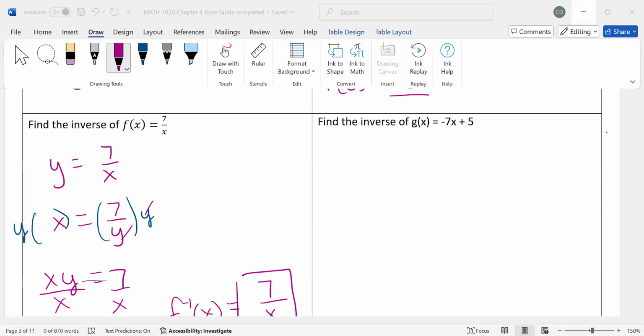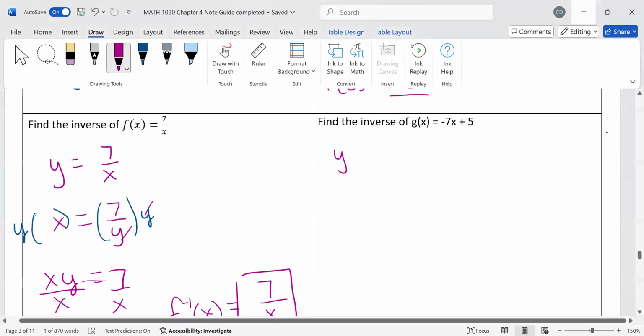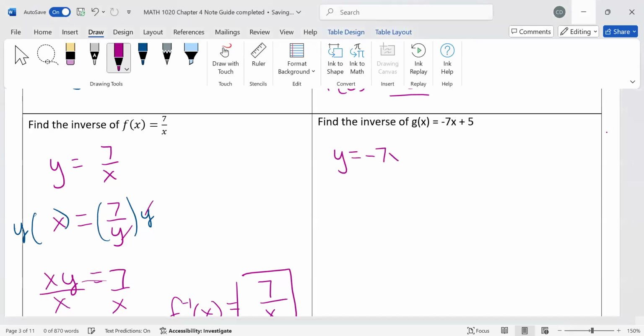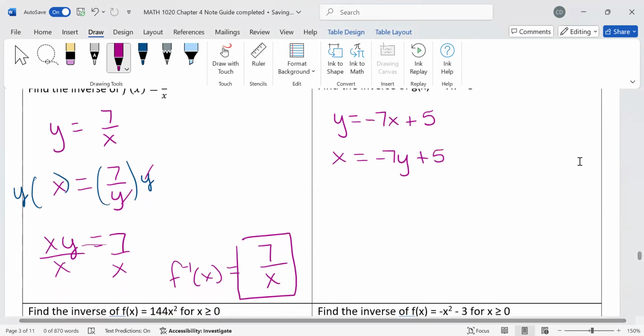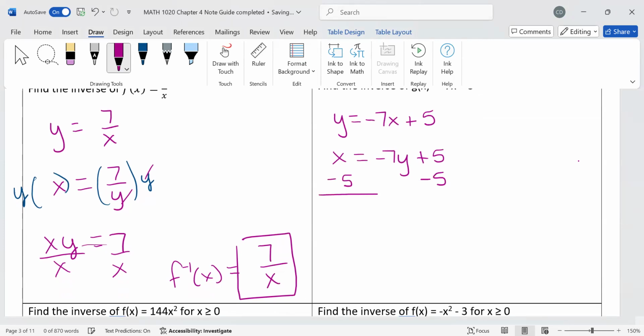So let's look at our next one. G of x is y. All right, so we're going to swap x and y, and then solve for y. I'm going to start by moving the 5 to the left.